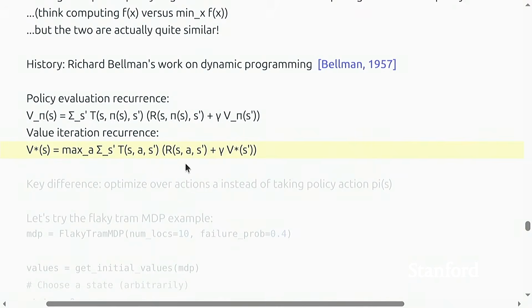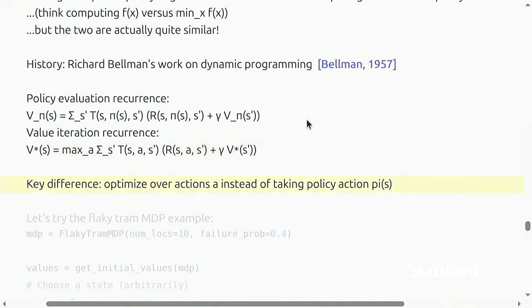Notice that the only thing that's different is now I have this max over A. Before, I had a fixed policy, so the actions I chose were just given by the policy. Now no one's giving me a policy, so I'm just going to take the maximum, the best action in some sense. So for every state, I'm just going to take the best action. Okay? So all I have to do is implement this recurrence, and I'm done.